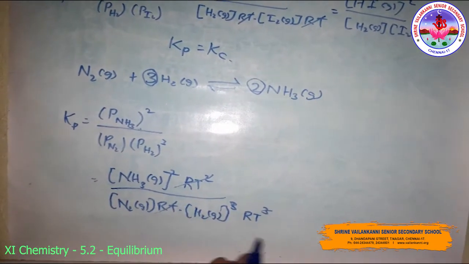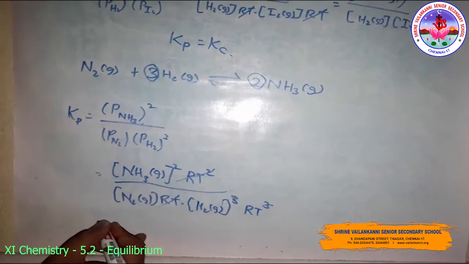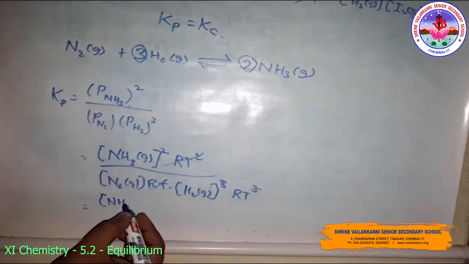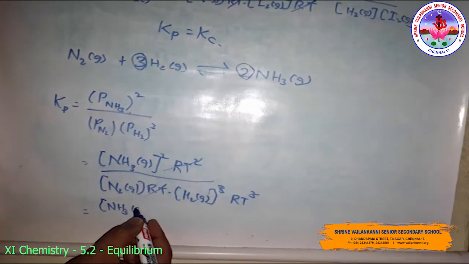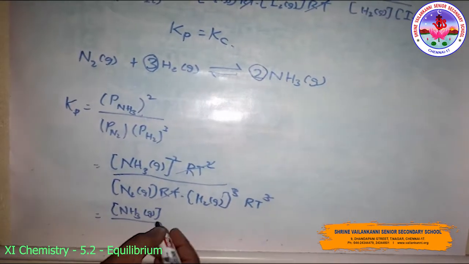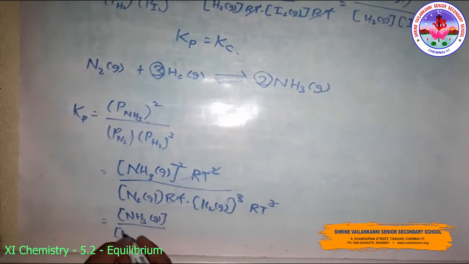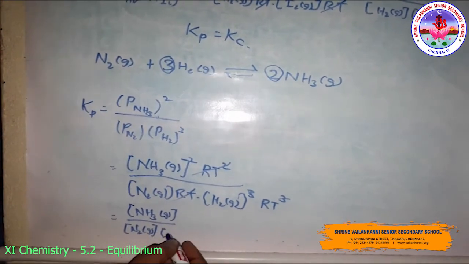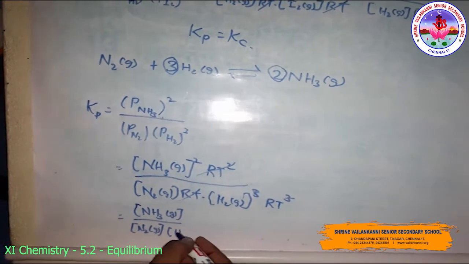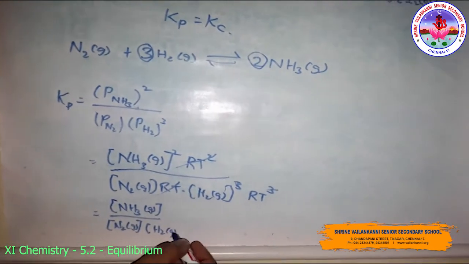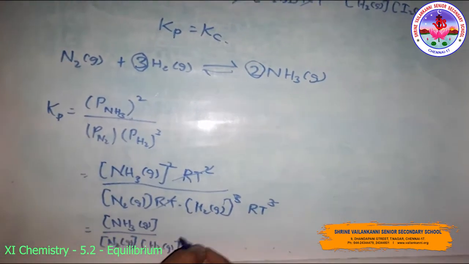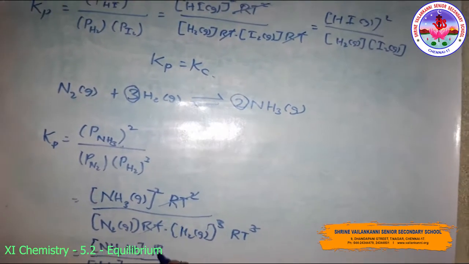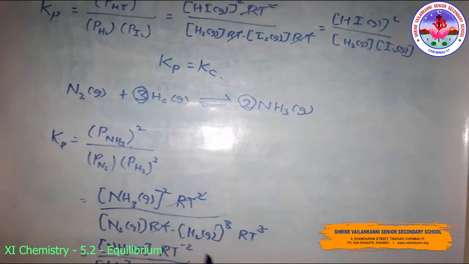So you can write that equation: NH3 gas concentration divided by N2 gas concentration and concentration of H2 gas, and the RT becomes RT power minus 2.